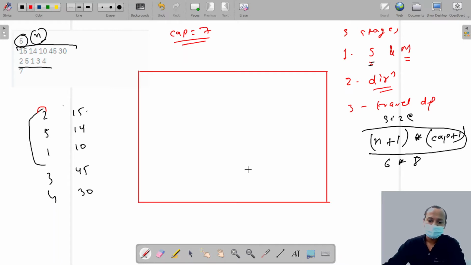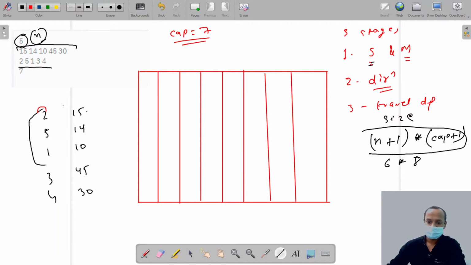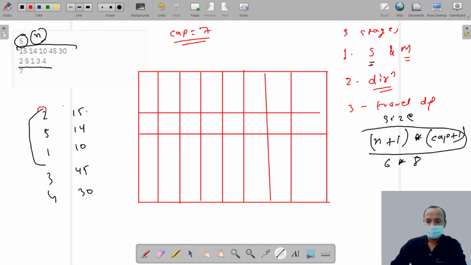All right, so now I'm going to make the 6 cross 8 table. And what are we going to store in this DP? Think about it.